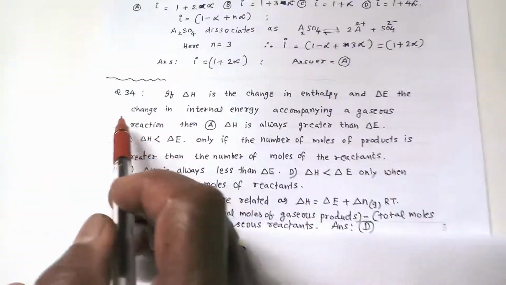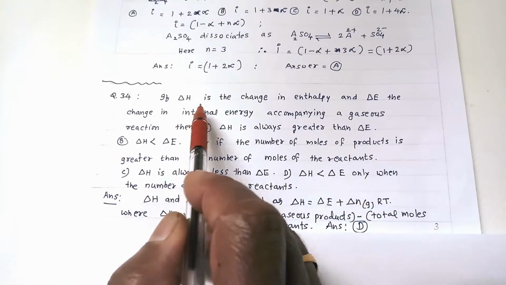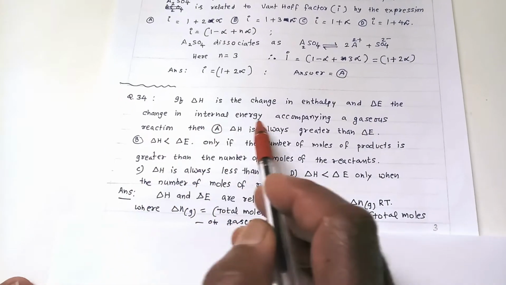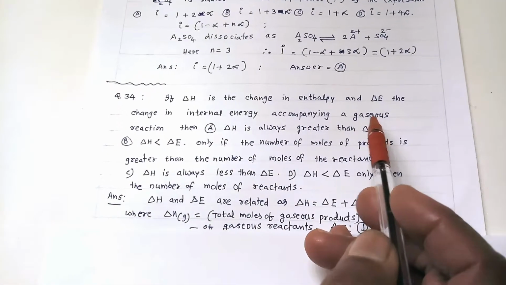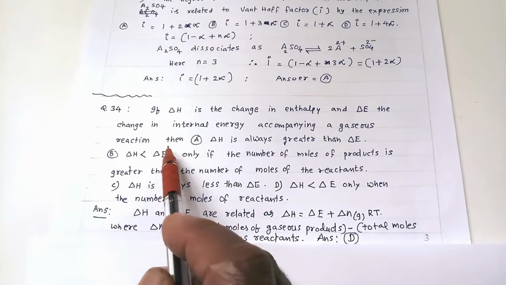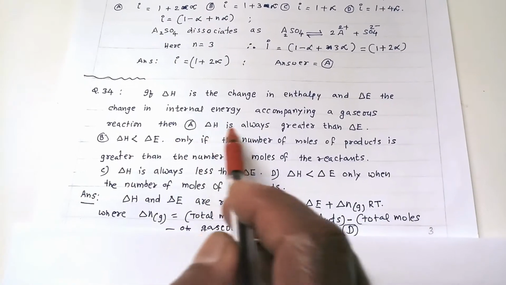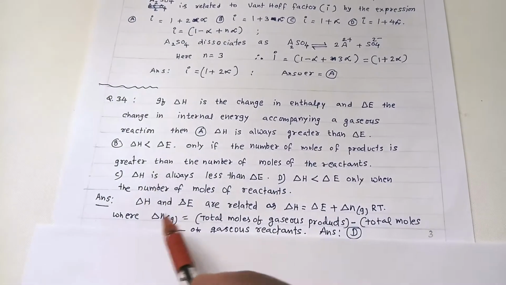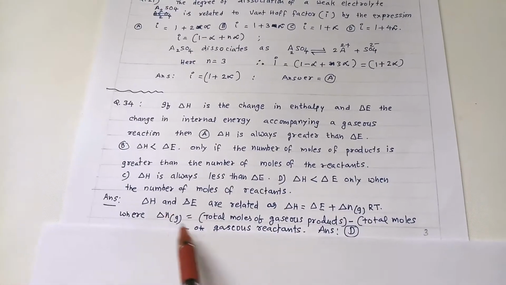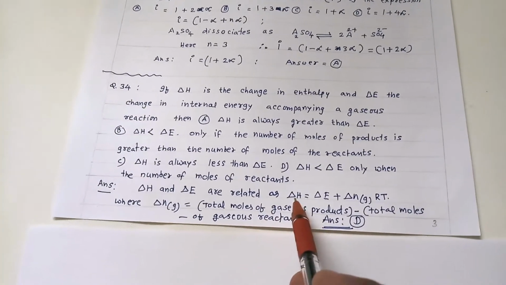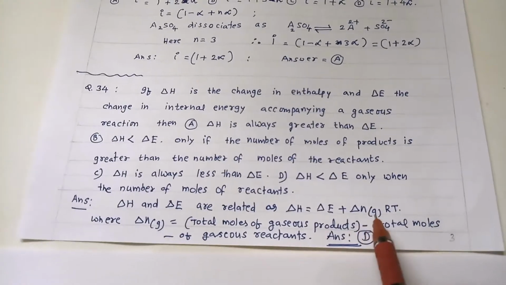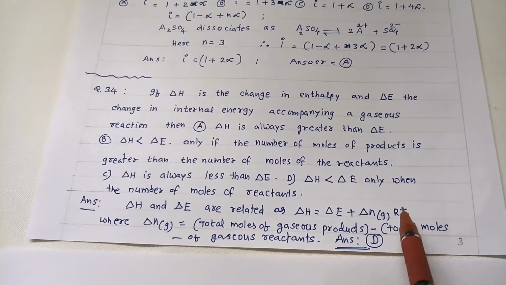Next we'll go to question number 34. If delta H is the change in the enthalpy and delta E is the change in the internal energy accompanying a gaseous reaction, then he is asking the relationship between delta H and delta E. So actually delta H and delta E are related as delta H is equal to delta E plus delta n g, change in the moles of the gaseous state, into RT.